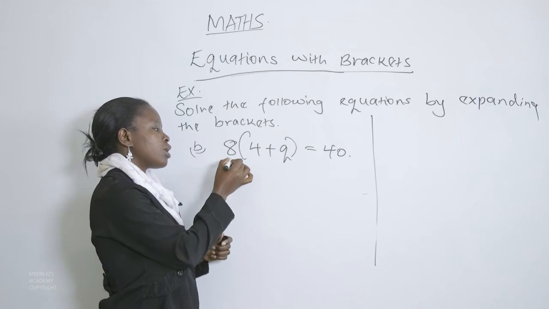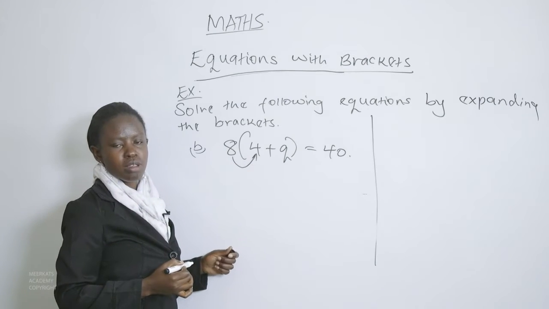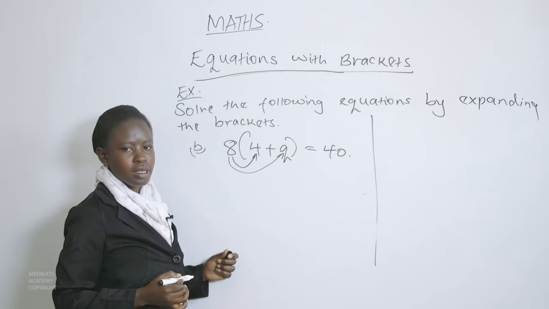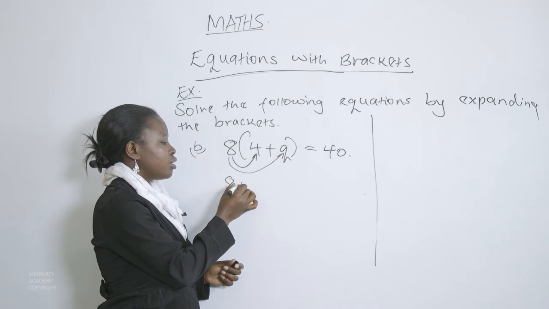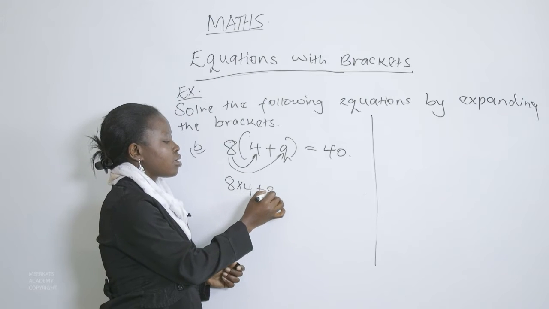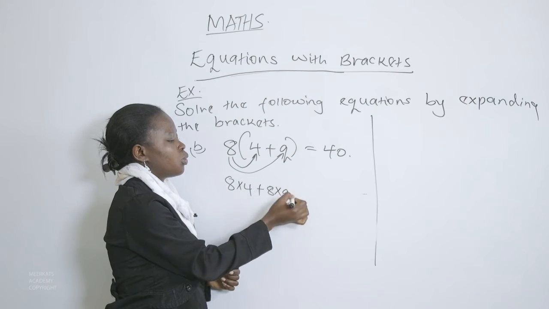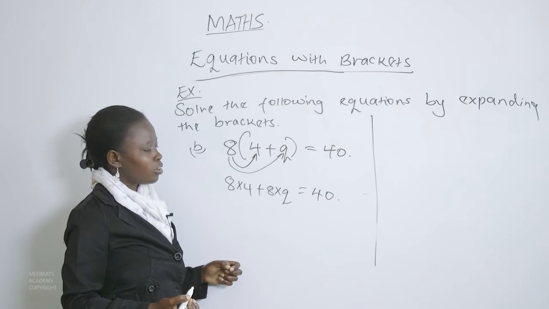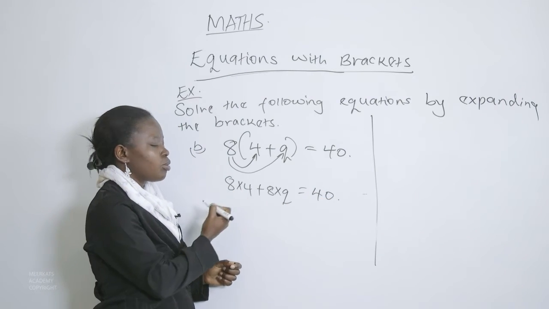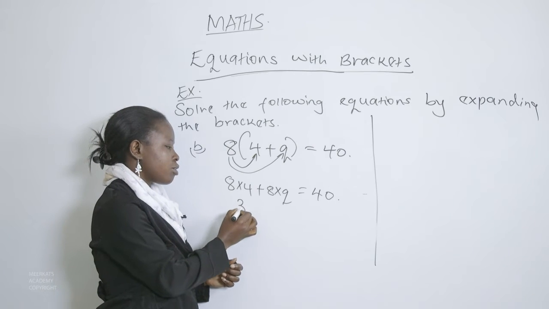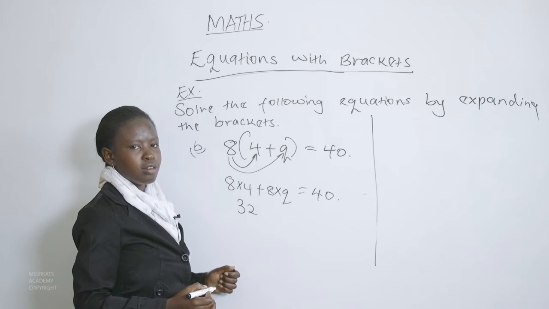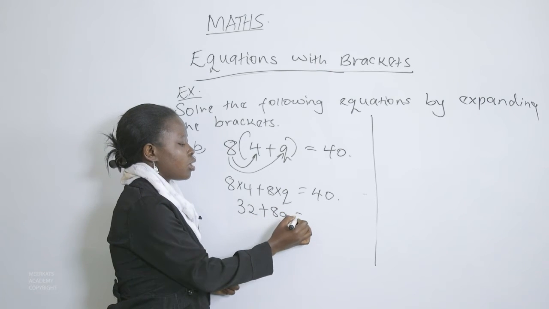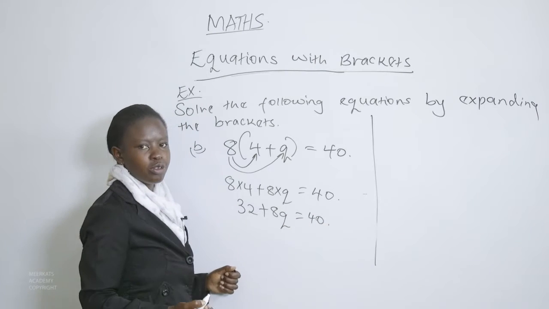So expanding the brackets means whatever is outside the bracket is going to multiply everything inside the bracket. So we have 8 times 4 plus 8 times q should be equal to 40. When we multiply this, 8 multiplied by 4 gives us 32, and 8 times q will give us 8q, so that this is equal to 40.